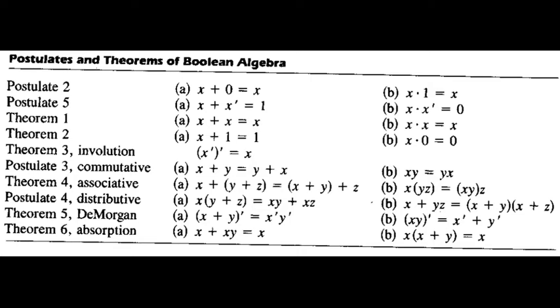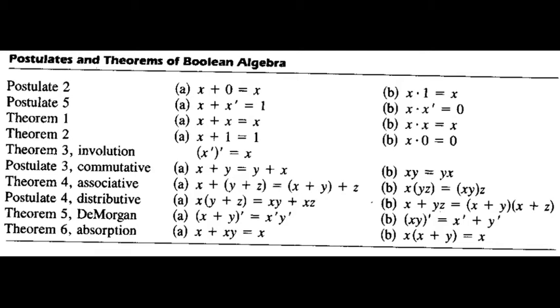So in this postulate 2a, x plus 0 is there. This 0 is changed to 1 and plus, that is ORing operation, is changed to ANDing operation. The remaining is kept as it is. So we are getting another equation, x dot 1 is equal to x. So this duality is the way by which we can have a second pair.